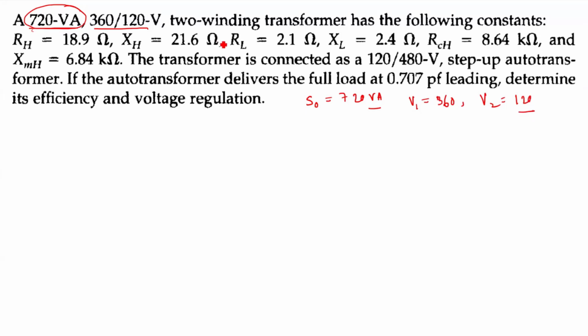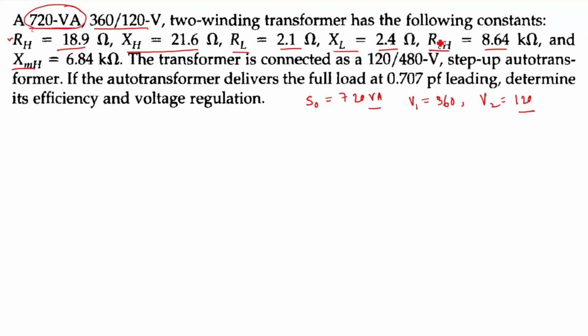This two-winding transformer has the following constants: RH equal to 18.9 ohm, XH equal to 21.6 ohm, RL equal to 2.1 ohm, XL equal to 2.4 ohm, and RCH is 8.64 kilo ohm and XMH is 6.84 kilo ohm.